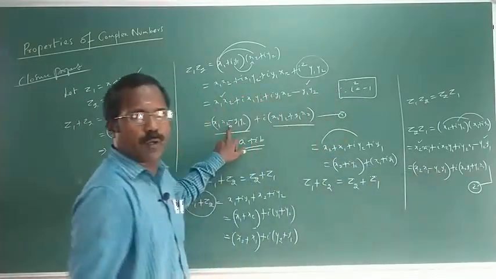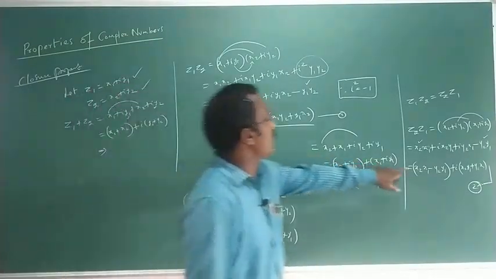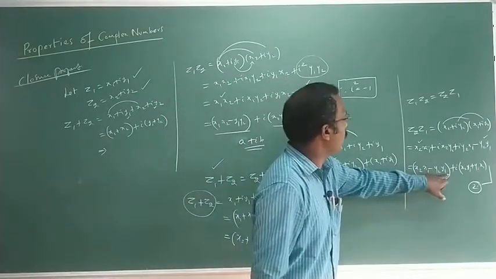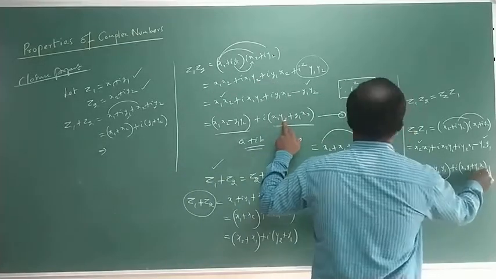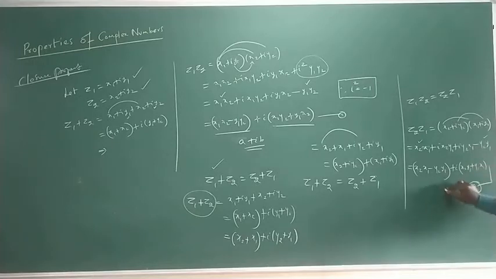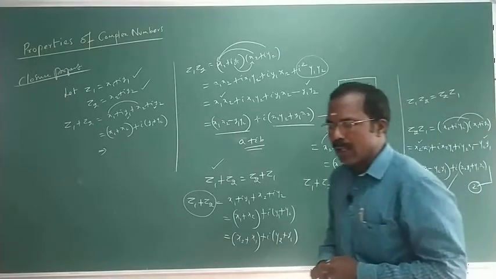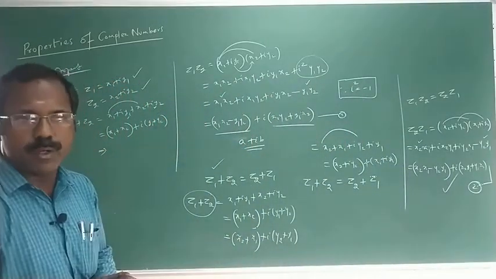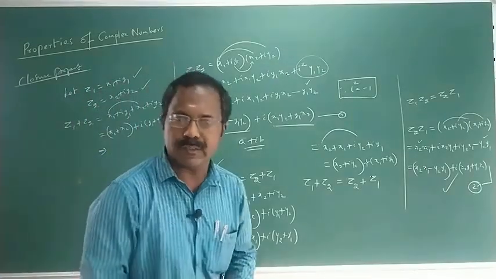Commutative, because x1 belongs to R, x2 also belongs to R. x1 x2 minus y1 y2 plus i into x1 y2 plus x2 y1. So therefore from equation 1 and 2, these are what? Equal. Therefore the product of two complex numbers is always commutative. That is Z1 into Z2 equal to Z2 into Z1.